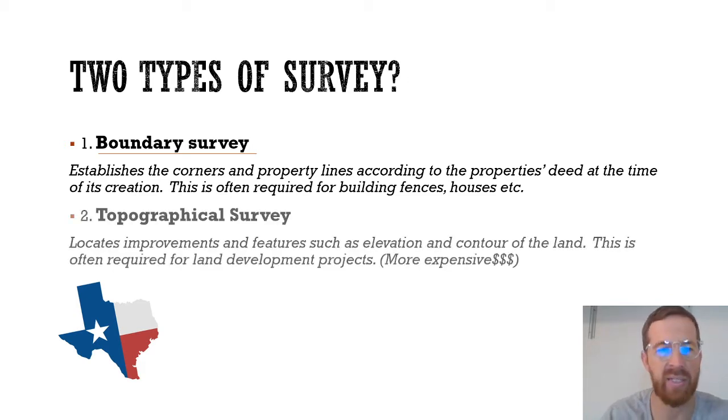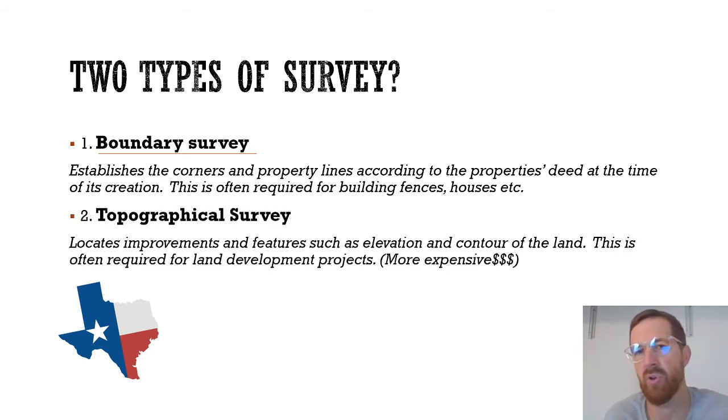The second type is a topographical survey. A lot of people do order topographical surveys for their property. This actually locates different improvements on the property.